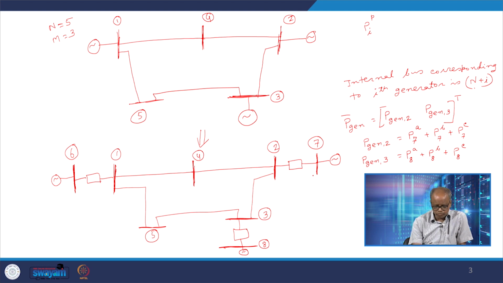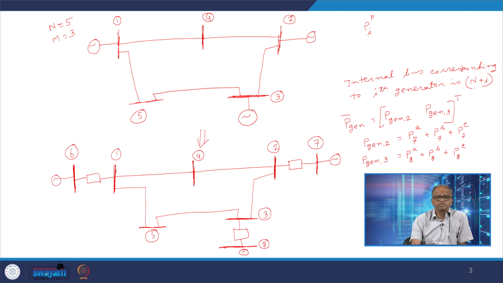So then in the Y bus matrix, the quantities Y73, Y71, Y76, Y75, Y74 as well as Y78 will all be 0.